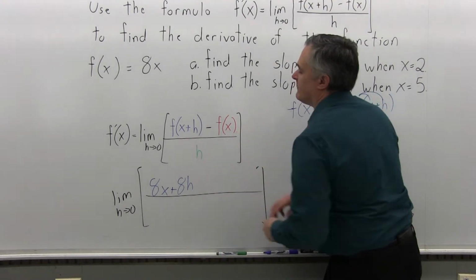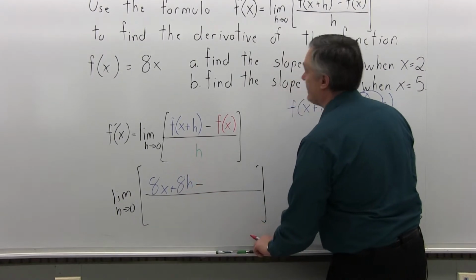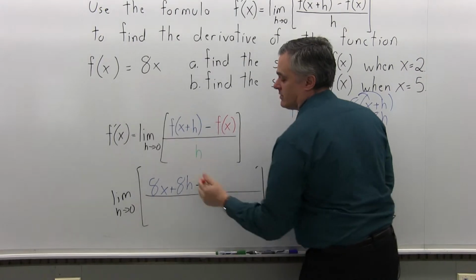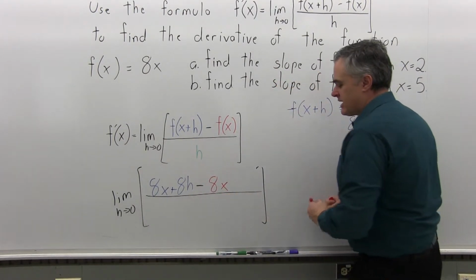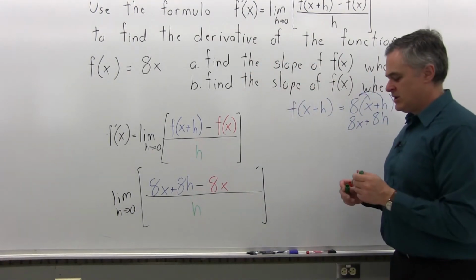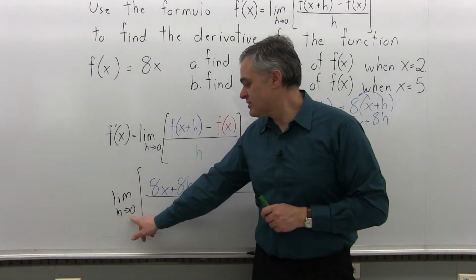Next is minus f of x. So we're going to have a minus. And then f of x is given to you in the problem. Here's f of x. f of x equals 8x. And then h is kind of on its own in the bottom. h is just h.